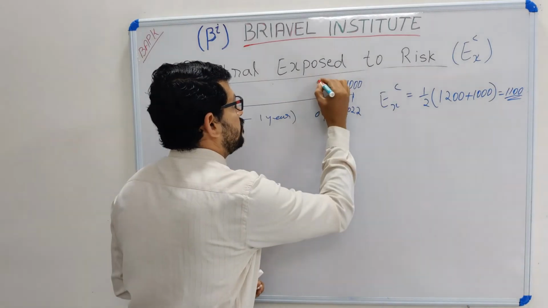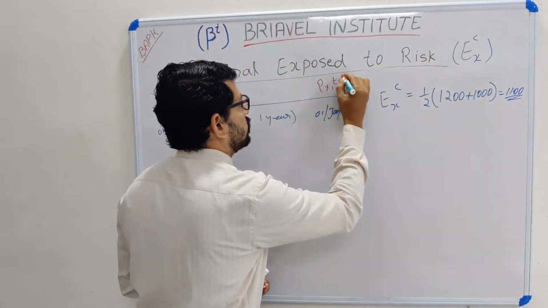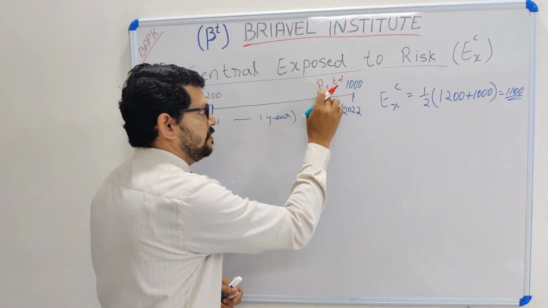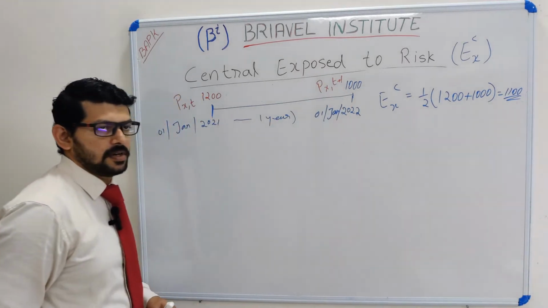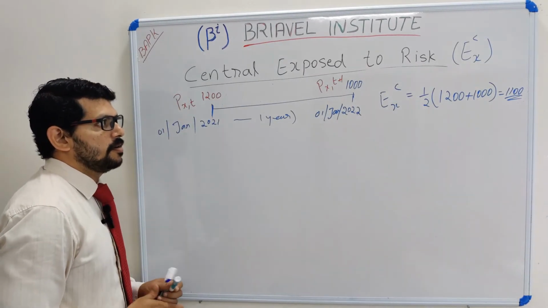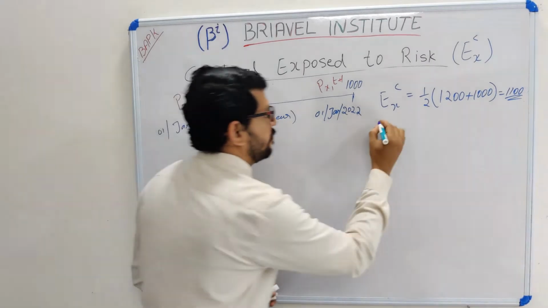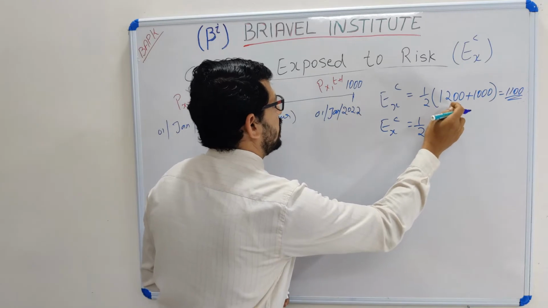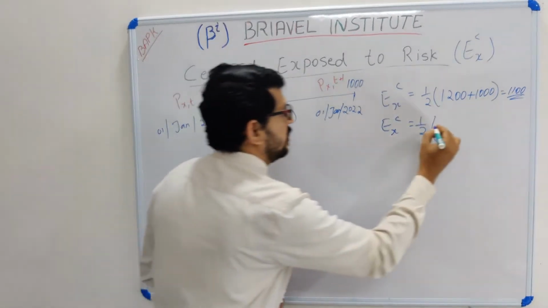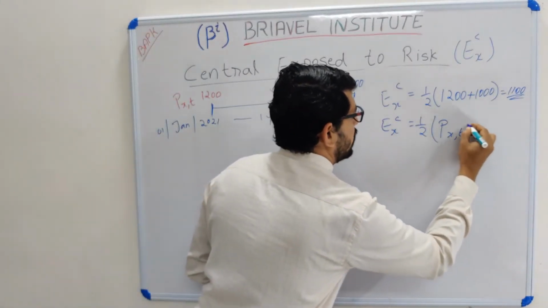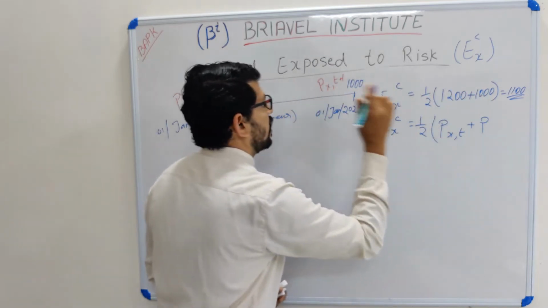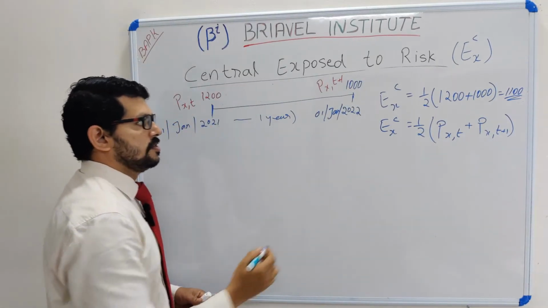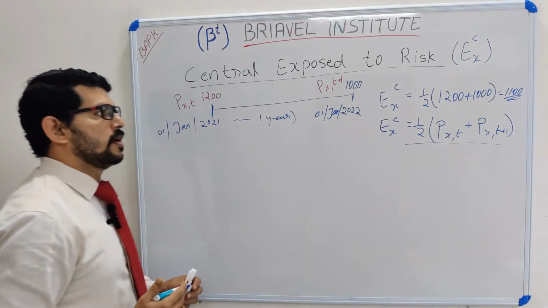This one we can say P of h comma t plus 1, the number of lives alive at age h at time t plus 1. So our equation becomes E_h^c equal to 1 by 2 of P of h comma t plus P of h comma t plus 1. So this is our equation for E_h^c.